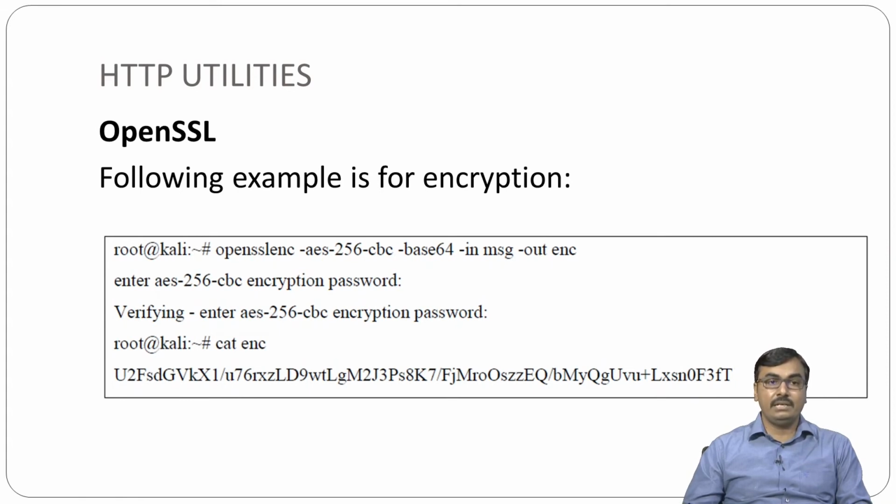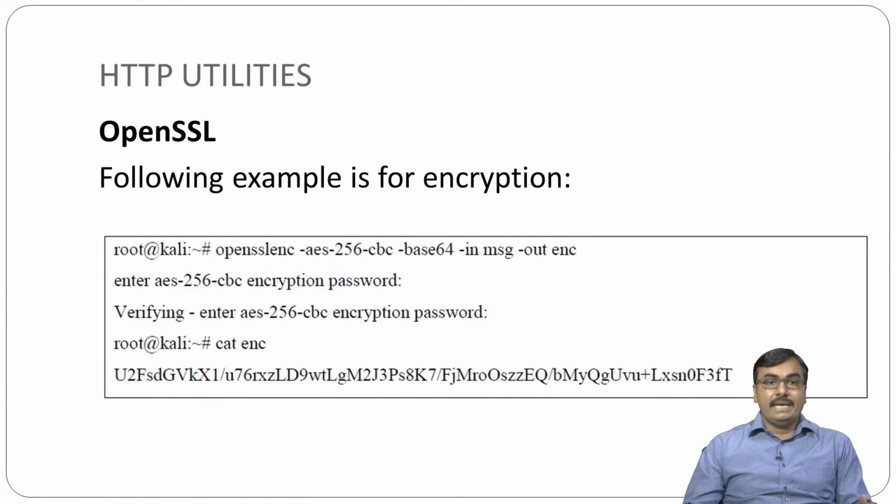Here you can see in the example OpenSSL, then one space between OpenSSL and enc. Enc is used for the encryption. There are several cipher commands available in OpenSSL. Among them, AES 256 CBC is one cipher command with base 64 encryption utility.